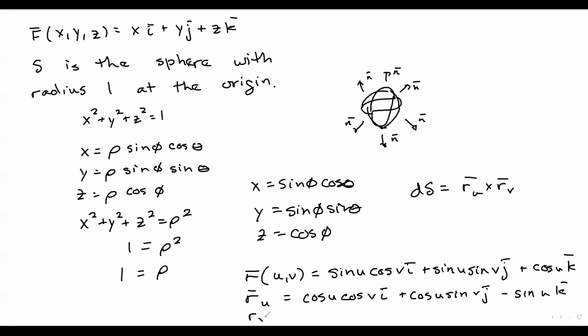And then r_v, we're going to get minus sine u sine v i plus sine u cosine v j. And then there's no v's over here, so the derivative is 0, and so the k term is eliminated. All right, next we want to calculate the cross product, right? So we need r_u cross r_v. So we'll move to the next page for that.